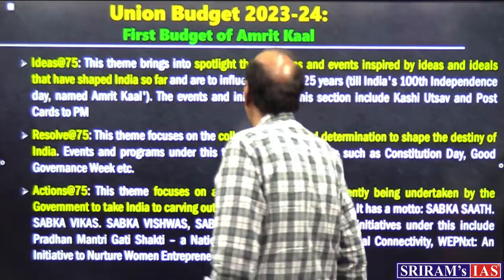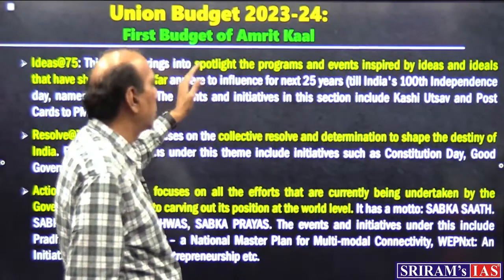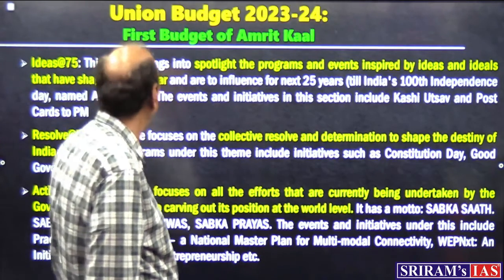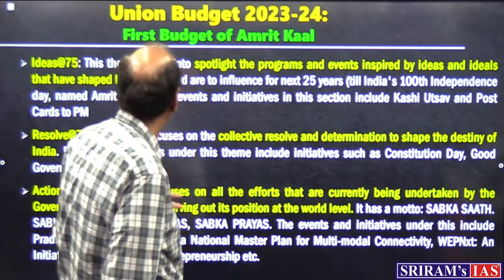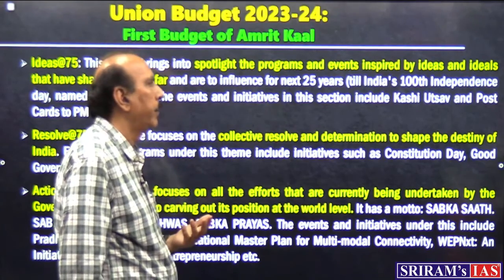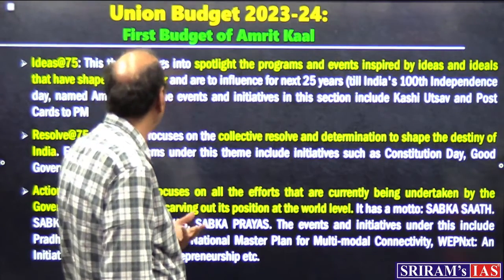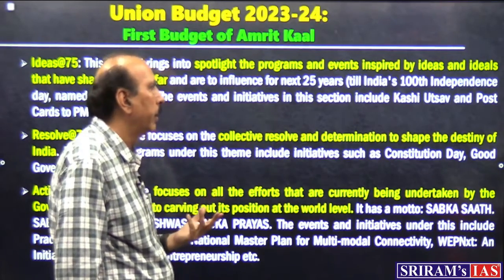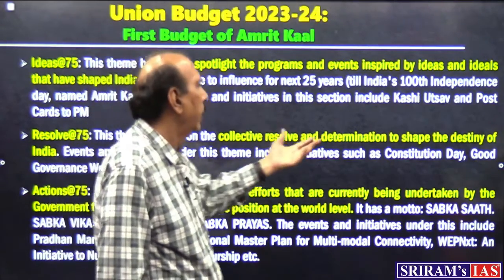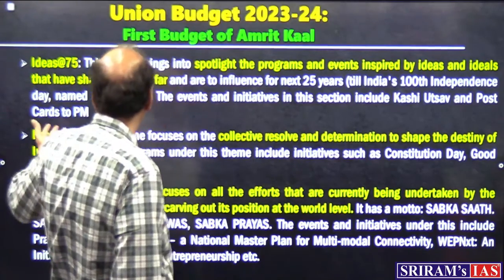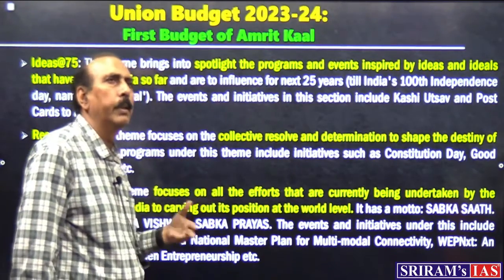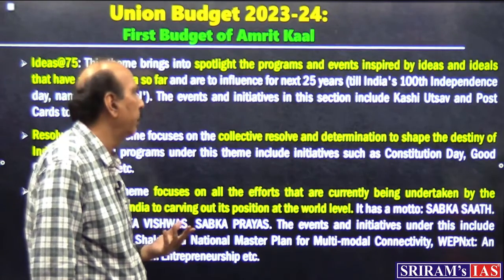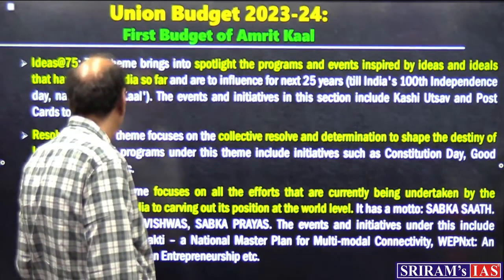And therefore, we have to spotlight the programs and events inspired by the ideas and ideals that have shaped India so far. And that has to be celebrated. For example, the Kashi Utsav or the postcards to PM, various programs have been organized to showcase our achievement at the age of 75.